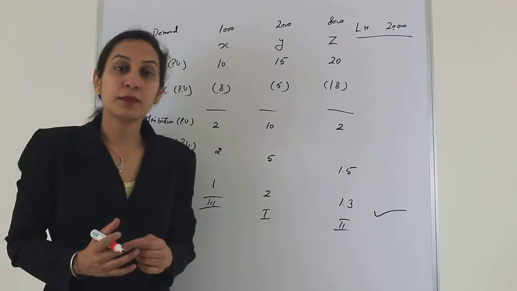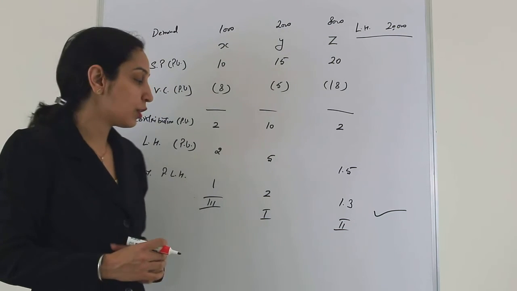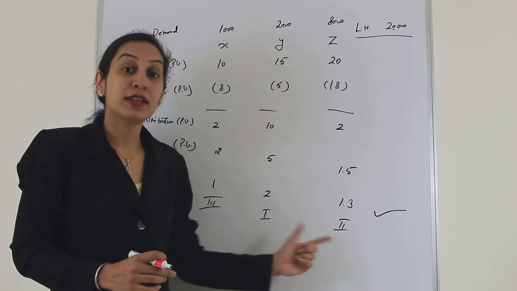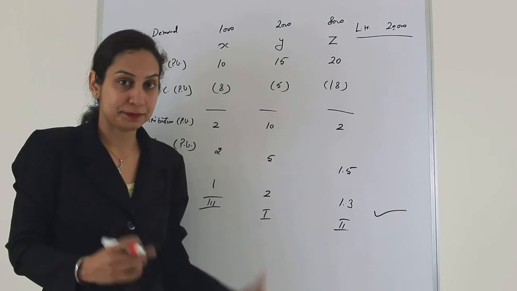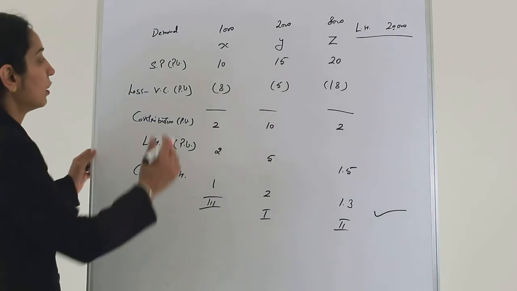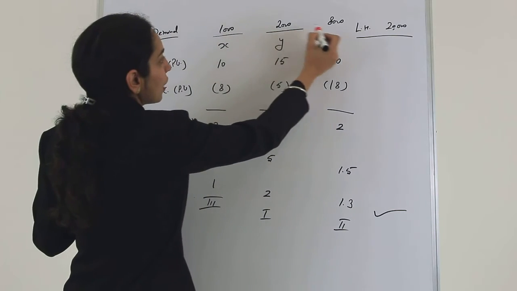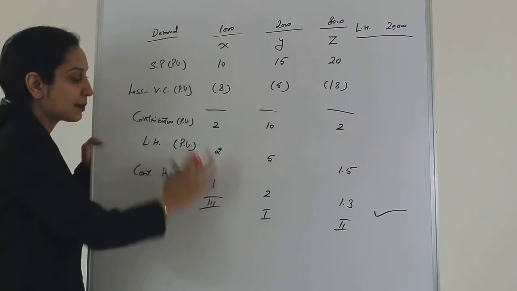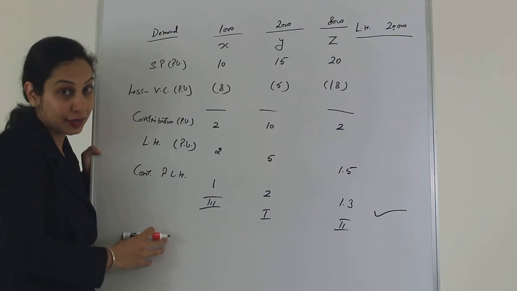So when it comes to allocation of resources, the first thing the company is going to do is allocate all the resources to Y, then move on to Z, and then finally to X. The demand for the products in this case is 1000 units, 2000 units and 8000 units respectively. So in this part, we understood how the business prioritizes.